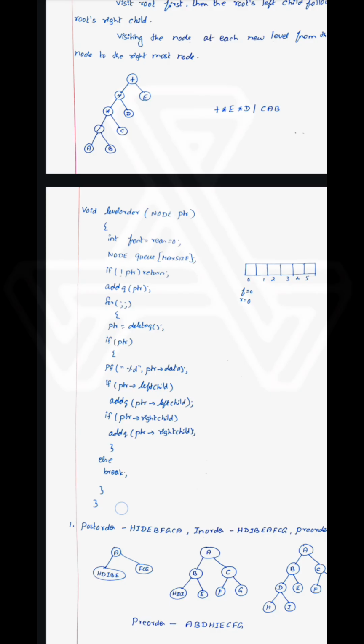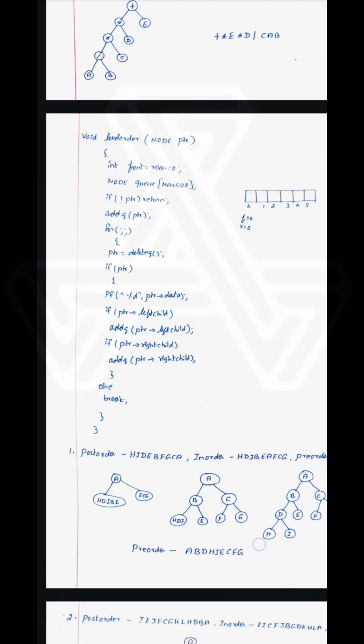Add queue of ptr, then infinite for loop, ptr equals delete queue. If ptr, then print the ptr data. If ptr left child, then print that left child as well. If ptr right child, then print ptr right child. Else break.